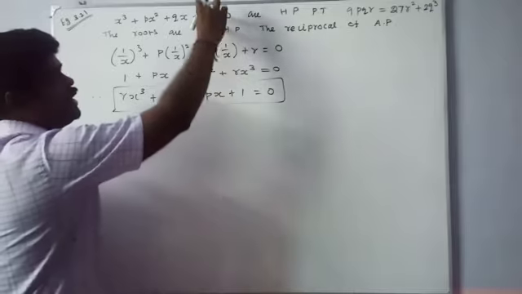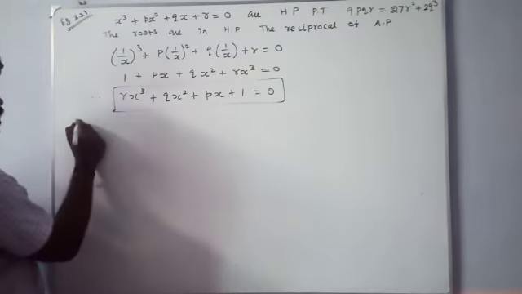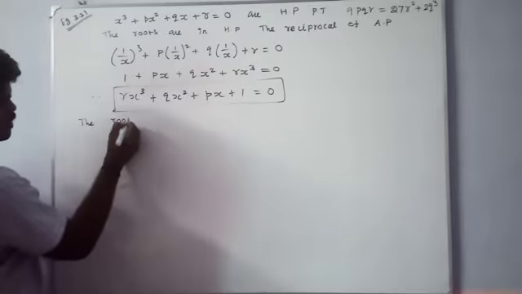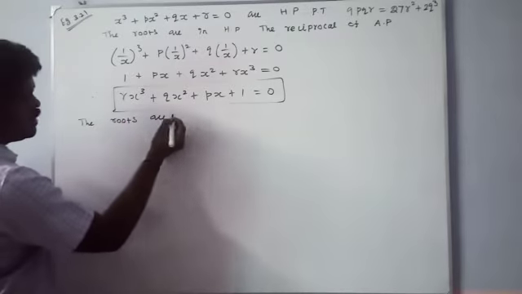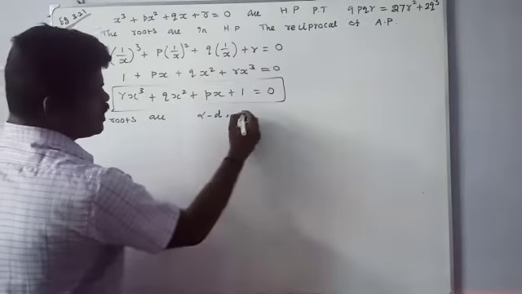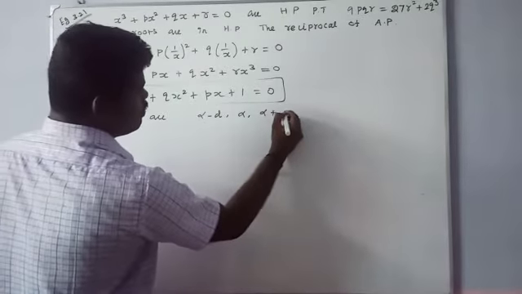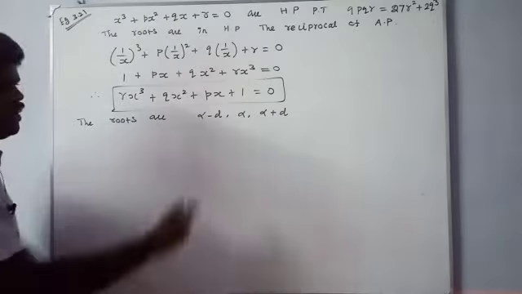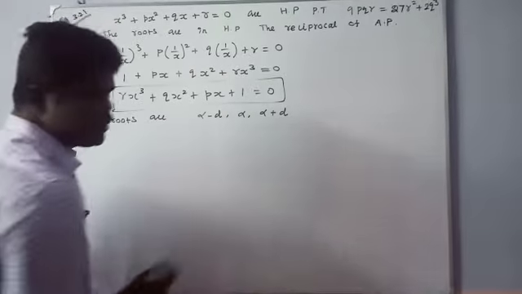Here it is a harmonic progression. Right. Now let us take the roots as in arithmetic progression. What are the roots? Alpha minus d, alpha, alpha plus d.